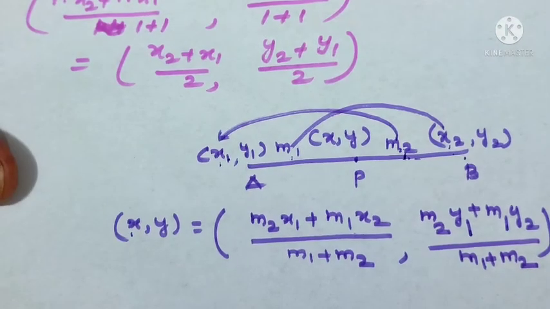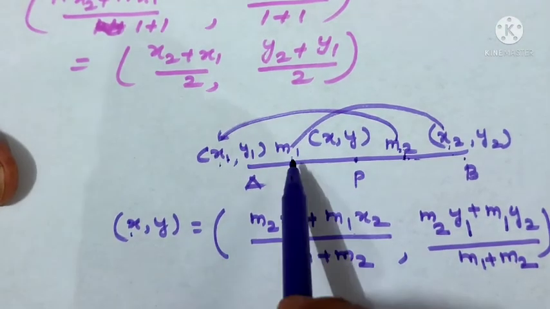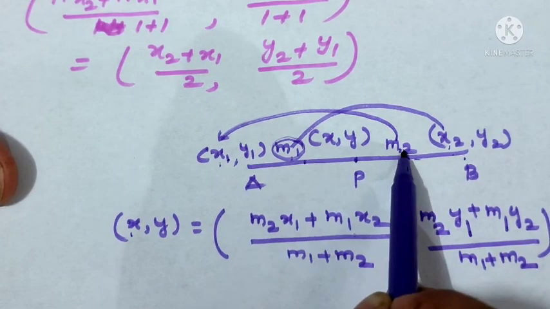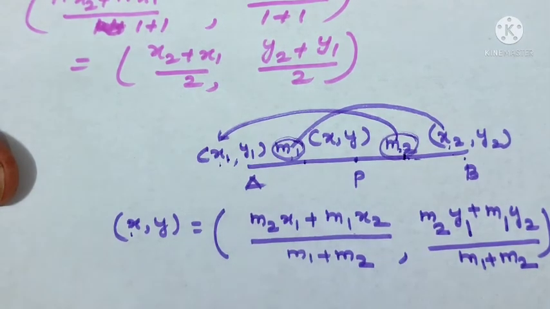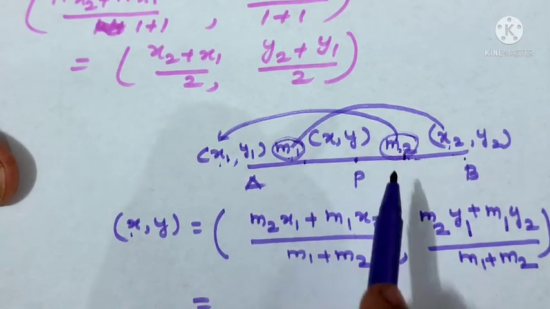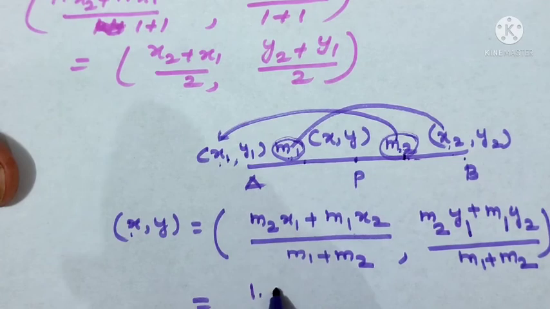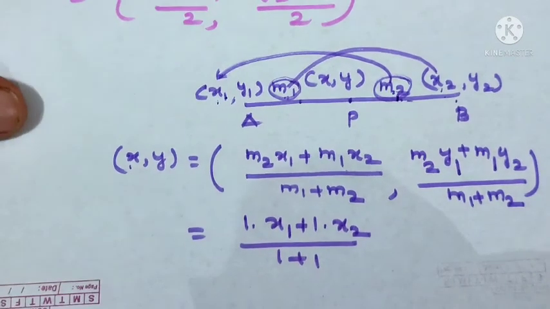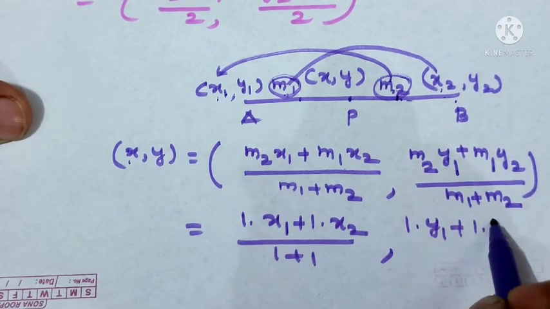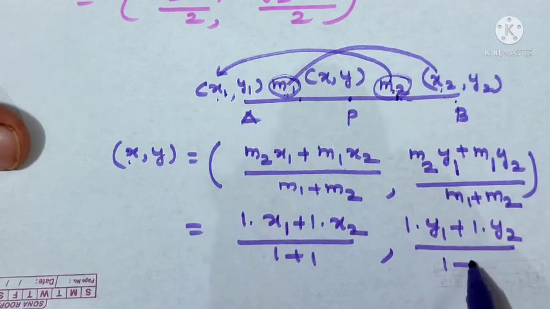Now what is the midpoint case? When it is midpoint, m1 equal to what value we are choosing? m2 is also the same only, right? So if it is dividing 1:1 form, so (1 into x1 + 1 into x2)/(1 + 1), right? (1 into y1 + 1 into y2)/(1 + 1).